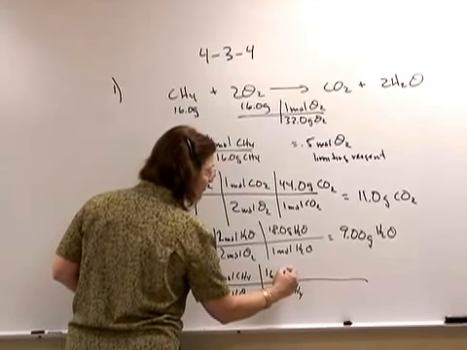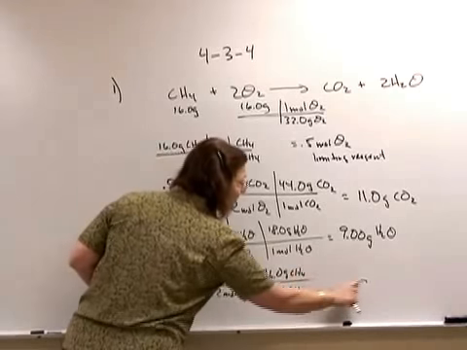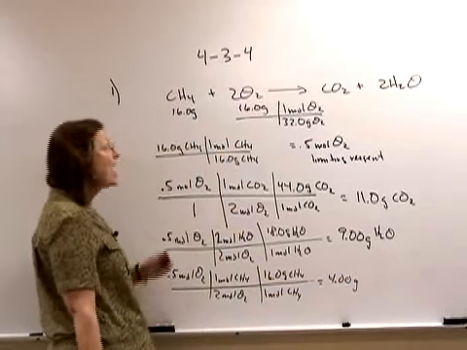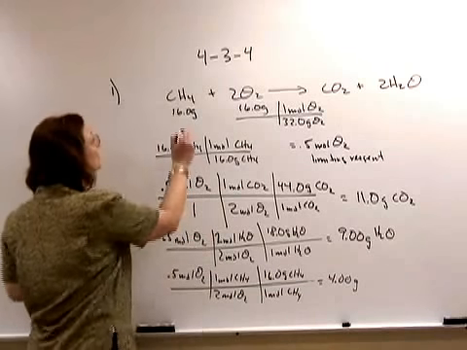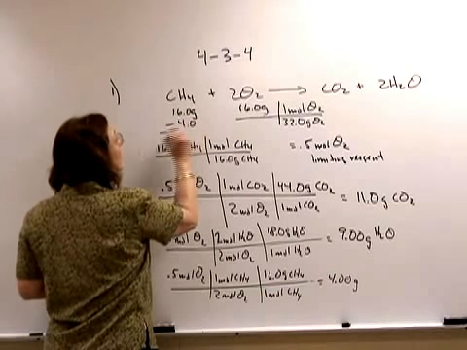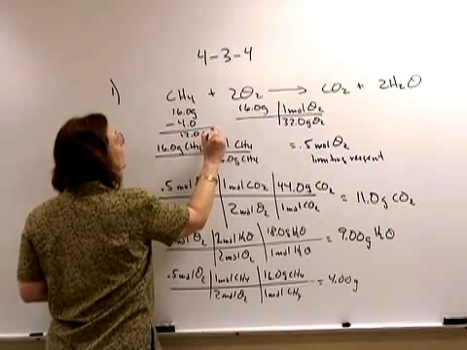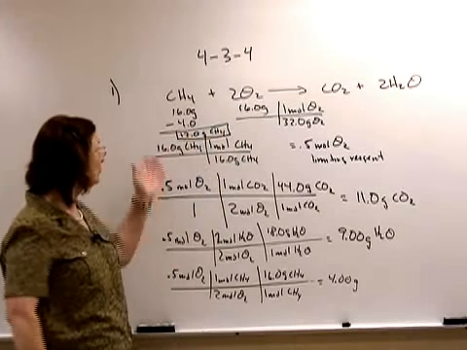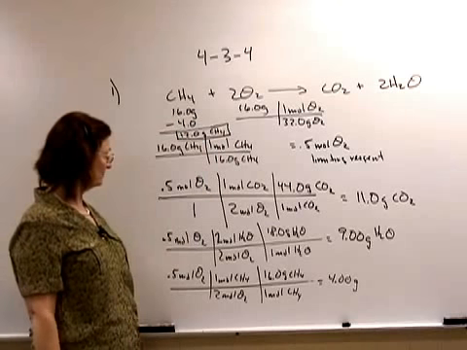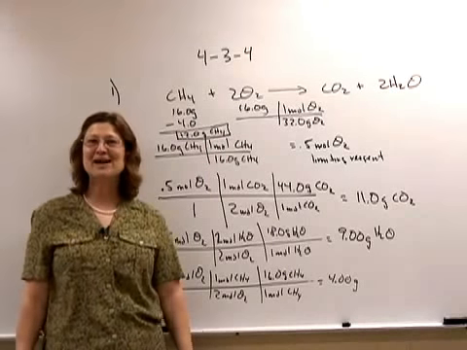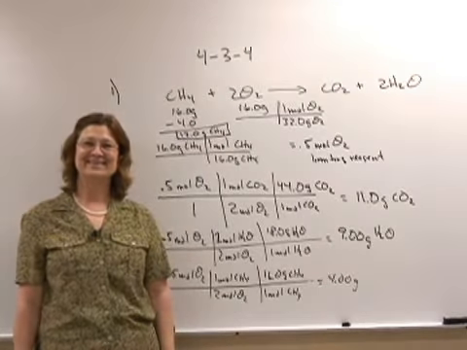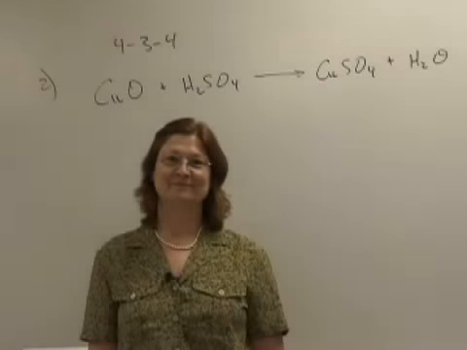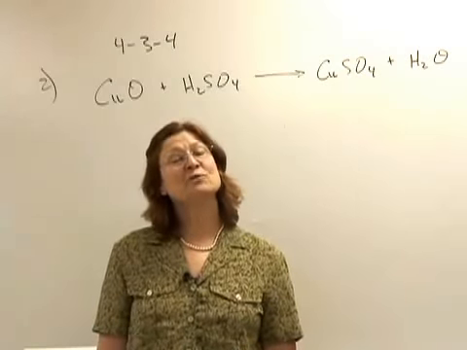Well, there is 1 mole of methane for every 2 moles of oxygen, and 1 mole of methane has a mass of 16.0 grams of methane. And this then gives me 4 grams of methane, and I originally had 16, so I'm going to subtract the 4, and I'm left with 12.0 grams of methane left over. And that's the 4th component of this reaction. And that's how you do number 1.